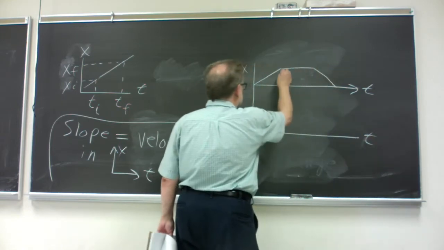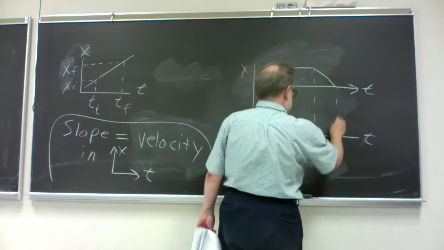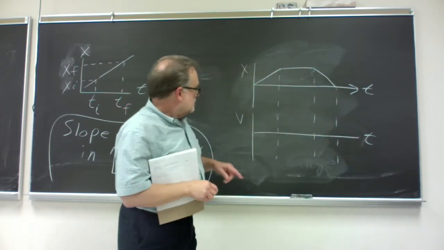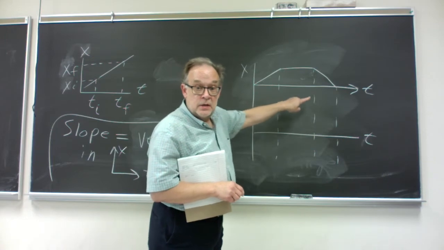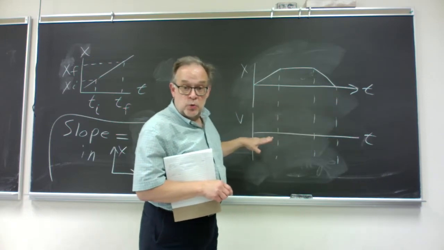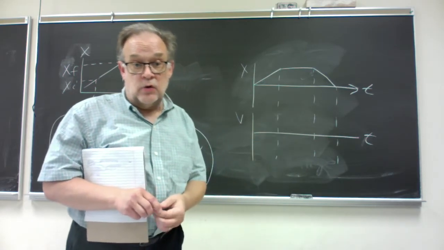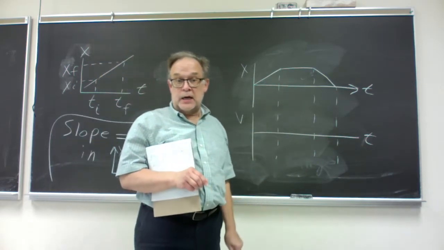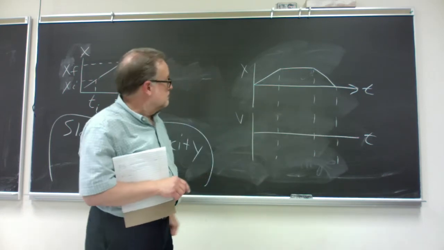Velocity versus time. And the behavior of the position graph changes at these 3 times. So there'll probably be some kind of change in the behavior of the velocity graph. So we want to line up those times so that it's easy to compare the position with the velocity graph.